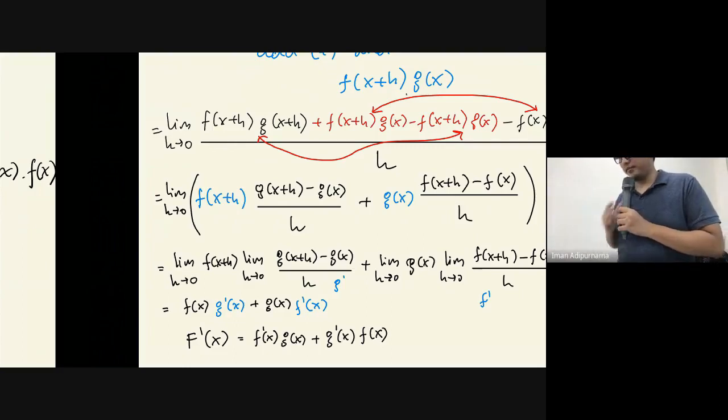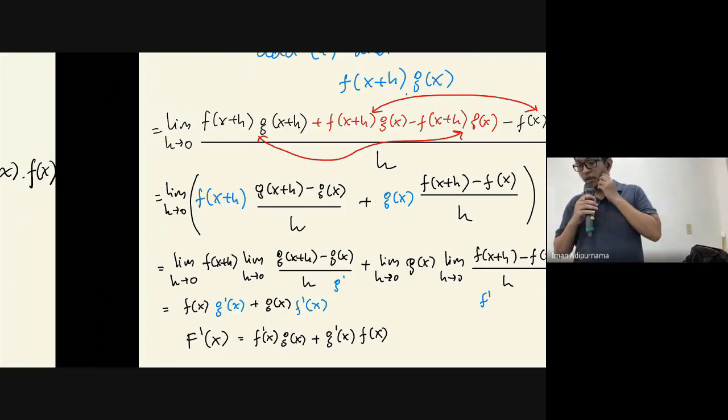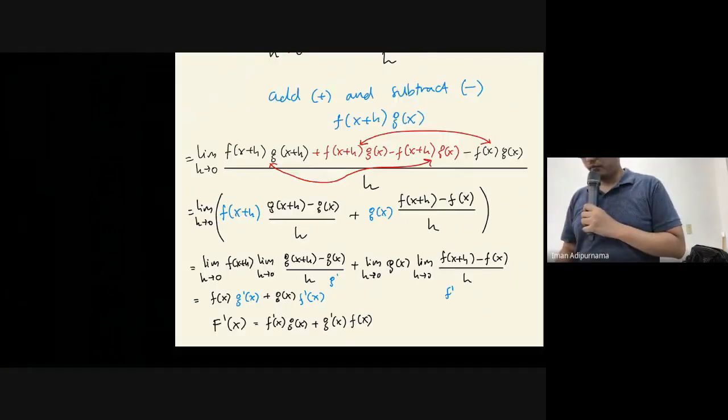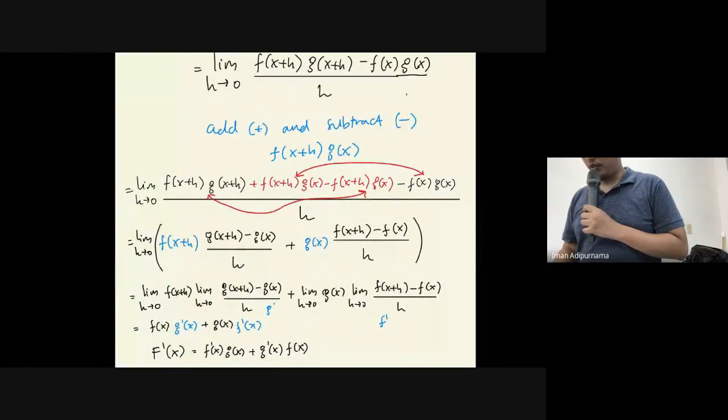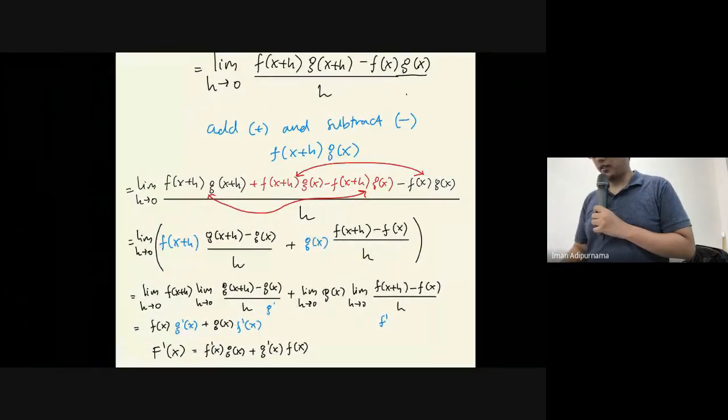But I prefer to write the f prime first because it's easier to relate to the quotient rule. We will see the quotient rule next section. So you need to add and subtract this f of x plus h, g of x expression to get the g prime and f prime form.